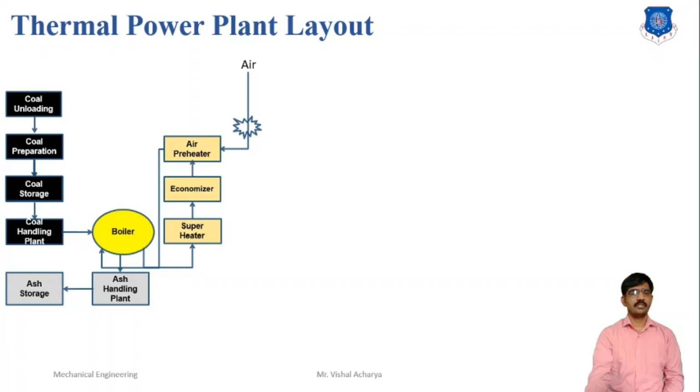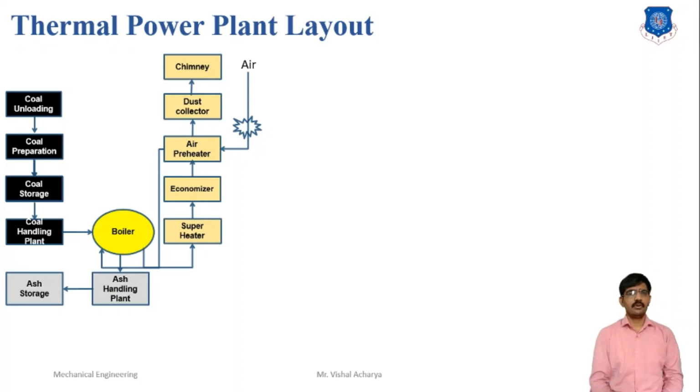From the economizer the fuel gas is transferred to the air preheater. In the air preheater, the air temperature is increased with the help of the fuel gases or hot gases. From the air preheater the gas is supplied to the dust collector. The dust collector is a device which removes fly ash particles and dust particles before the gas enters the atmosphere. From the dust collector the fuel gas is transferred to the chimney.